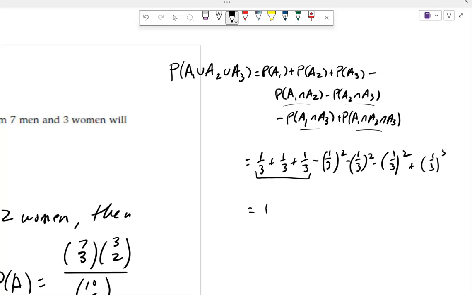So let's see. I mean, you could actually literally just do the arithmetic if you wanted to. I was just trying to see if I could be clever with it. If I look at that piece, I can certainly factor out a 1/3 squared out of each piece.